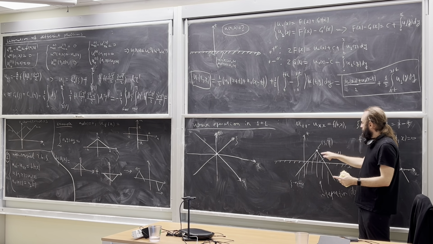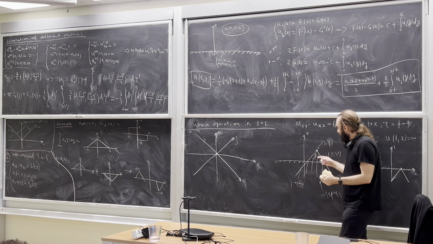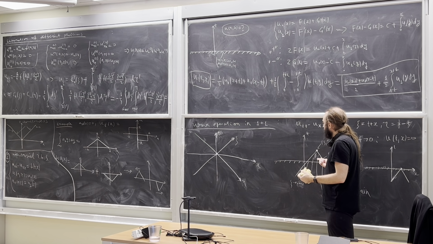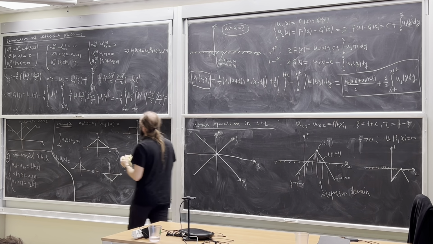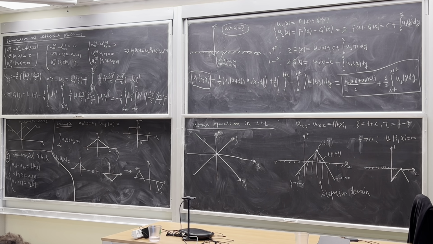So if we choose this integration domain, then we are sure that these initial conditions are satisfied. This is always like this. We need to make some choices about integration domains to satisfy the simplest possible initial or boundary condition.